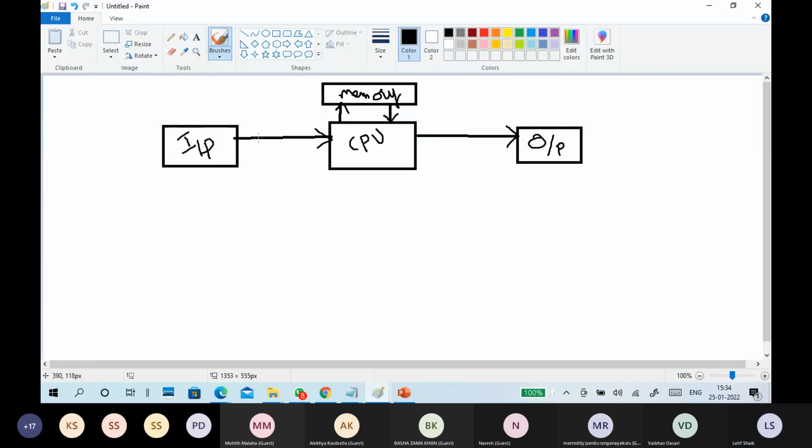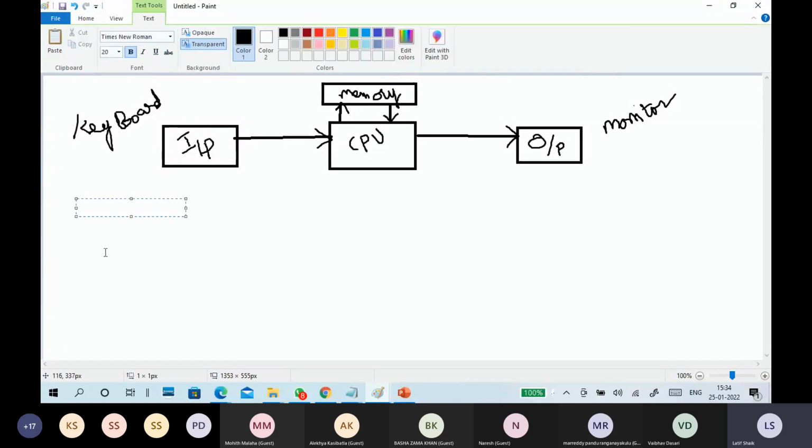The standard input device is the keyboard. The standard output device is the monitor.